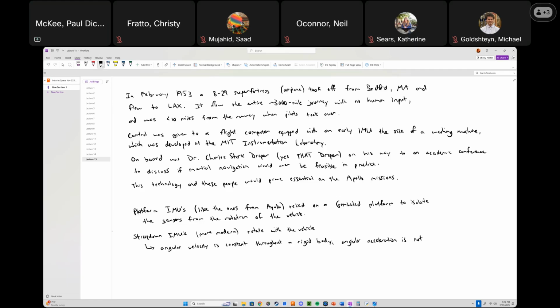So this drives the placement of strap-down IMUs. So you have to actually think about where you want to mount this on the vehicle, given that you're going to see more acceleration further away from the center of the vehicle and less towards the center, that sort of thing.